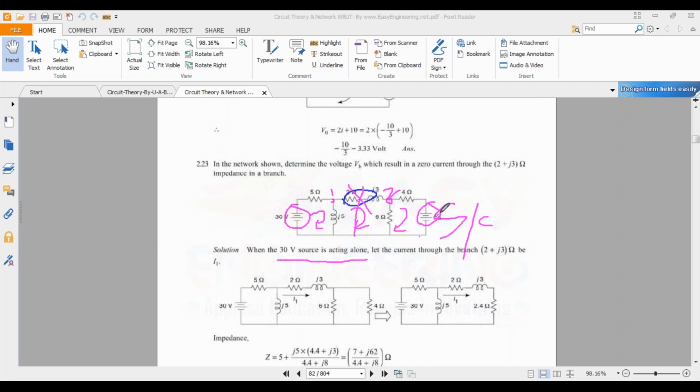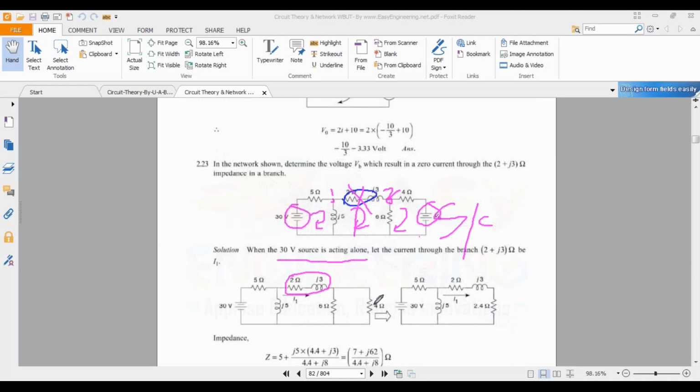Then you can simplify this circuit to find the current passing through the 2 plus J3 ohm branch. This can be solved in different manners also.